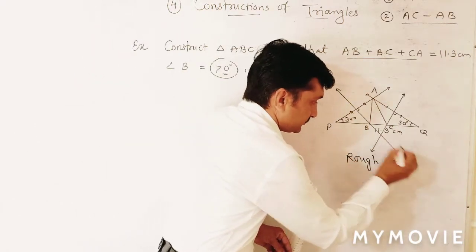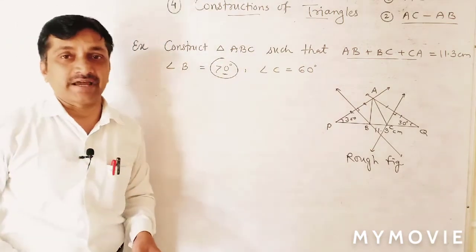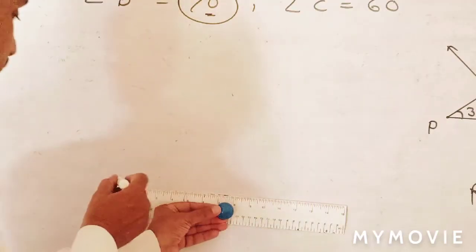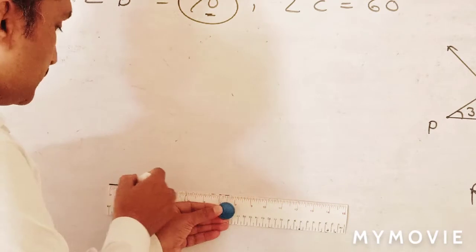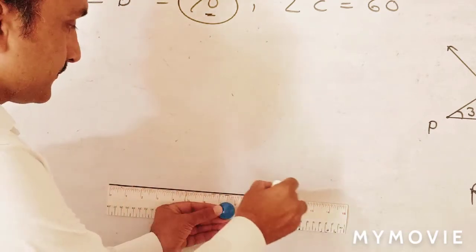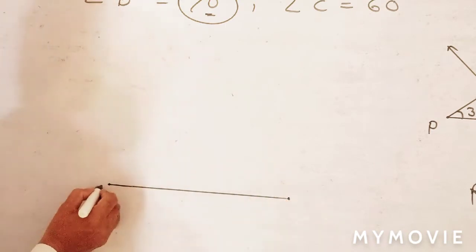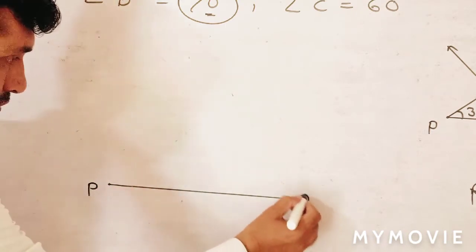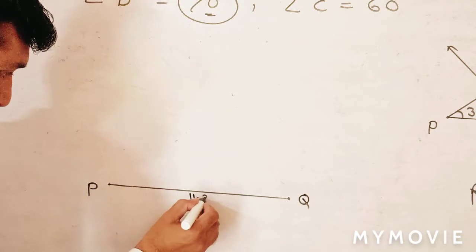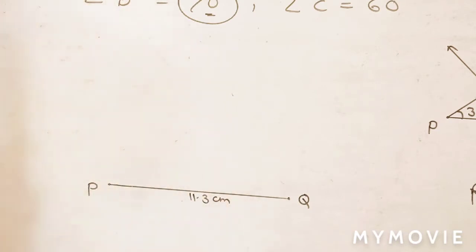In the required construction the measurements will be exact. Take a 11.3 segment, the exact measurement now. Give it the name PQ, and this is 11.3 centimeters.